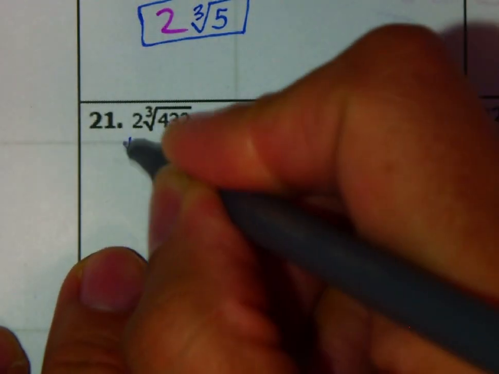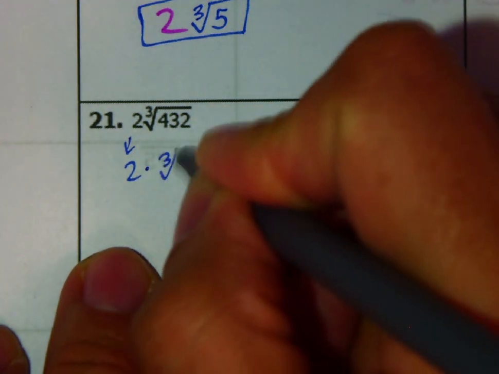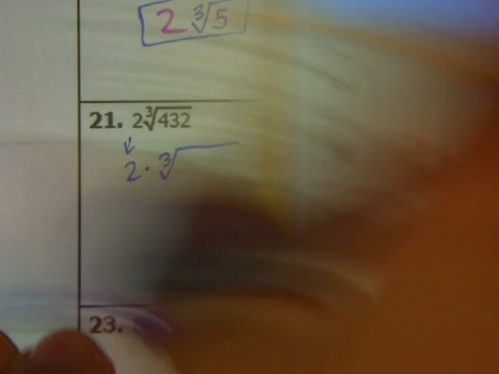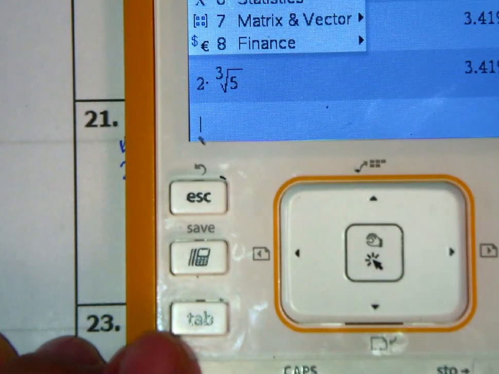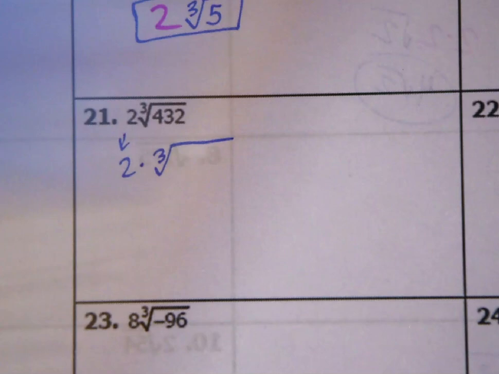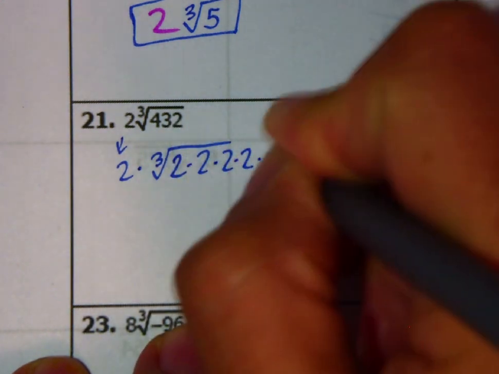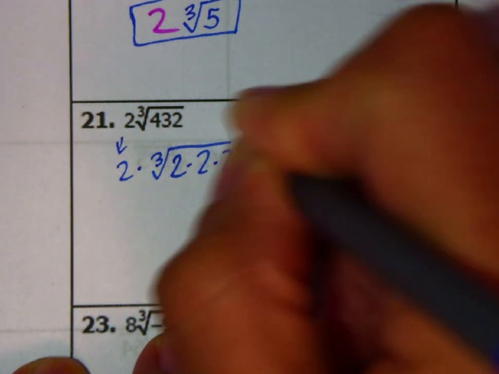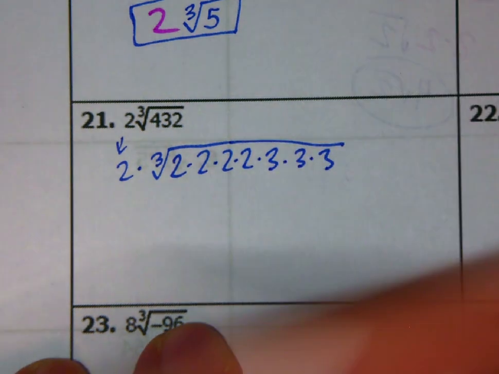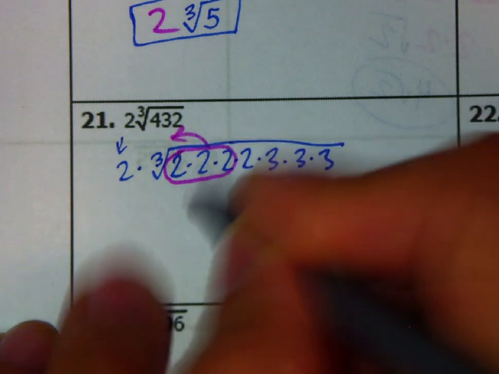So the 2 is the coefficient in the front, and then you have the cube root of 432. So I'm going to break it down into its factors. 432 is 2 to the 4th power and 3 to the 3rd power. That means we're going to take out groups of 3, so there's the group right there, comes out.